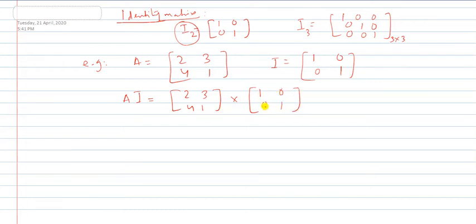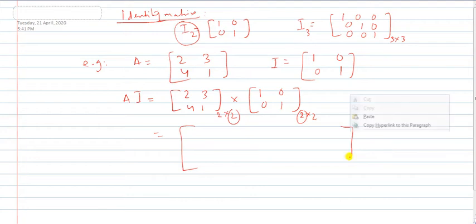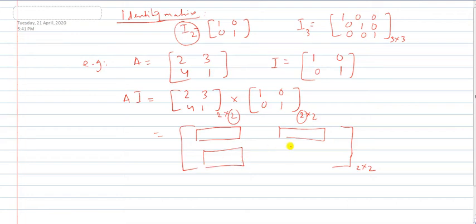This is A and this is I. So this is 2 cross 2, this is also 2 cross 2, then definitely this is equal to this, hence the resulting order will be equal to 2 cross 2. Then there will be 4 elements, 1, 2, 3 and 4.